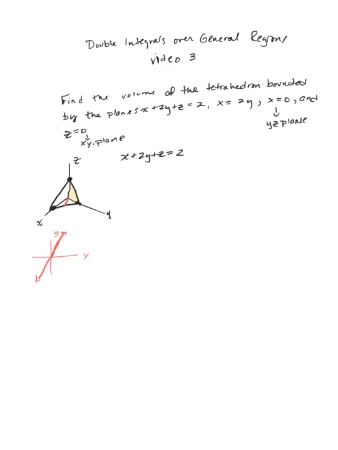Now keep in mind, this x equals 2y, you have to have a plane slicing through there perpendicular to that. So this is going to then go up.